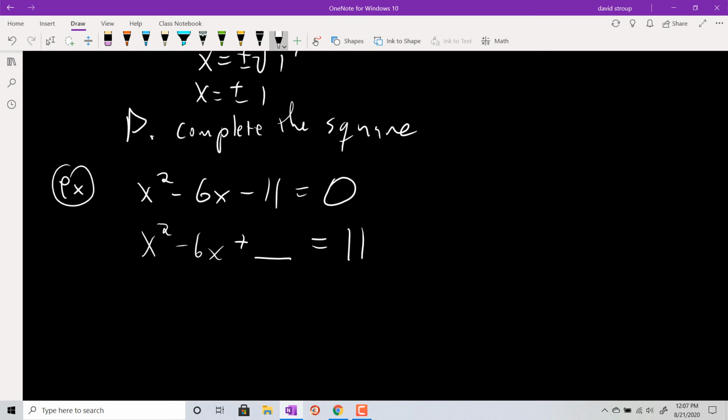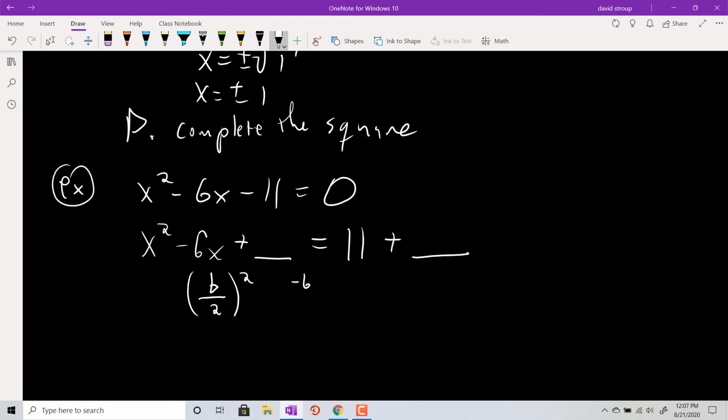So I move the 11 to the other side, and then I have to add something. So the something is the kind of the hard thing to remember, and that something is b over 2 squared. Okay. All right.